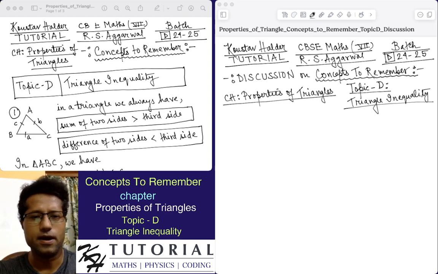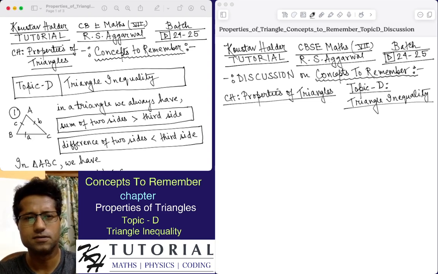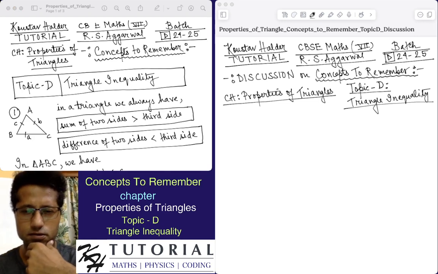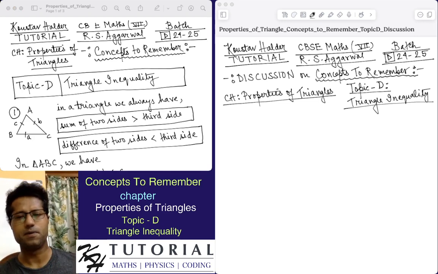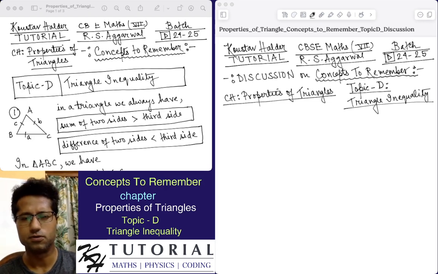Okay, so I have all the key points listed down for the topic which is about triangle inequality. So this is chapter properties of triangles. If you have not watched the previous part A, part B and part C in this series of videos, that is concepts to remember, I highly suggest that you please watch them.